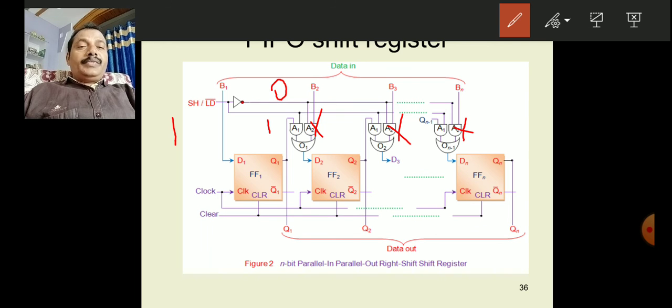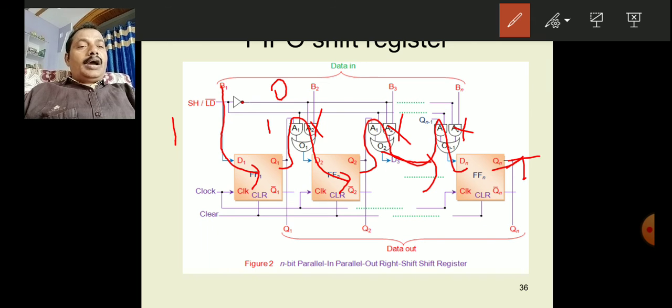So hence the loaded data is shifted right side like this. For each clock pulse, one bit is shifted into this, and this data is shifted to here, and this data is shifted to here like this, and this data is shifted out like this. So this is the data shifting operation.